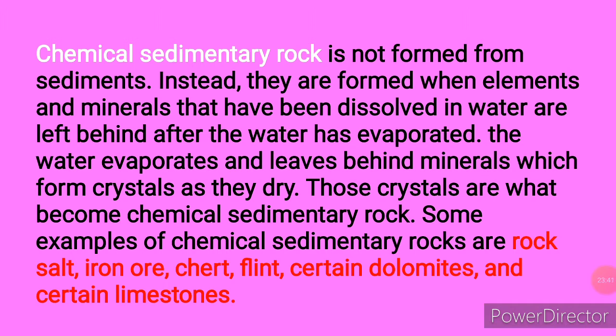The elements will not combine together when the water has dried up, and then they leave behind these minerals that form crystals as they dry. Those crystals are what become chemical sedimentary rock. Okay? Some examples of chemical sedimentary rock are rock salt, iron ore, chert, flint, certain dolomites, and certain limestones.